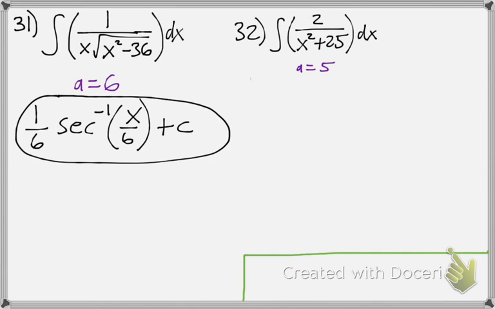The 2 is basically just going to go along for the ride, so it is going to be on top of that fraction on the outside. So like with number 31, we had 1 over 6. Here, instead of having 1 over 5, it's going to be 2 over 5. And this is the tangent inverse of x over 5, plus c.